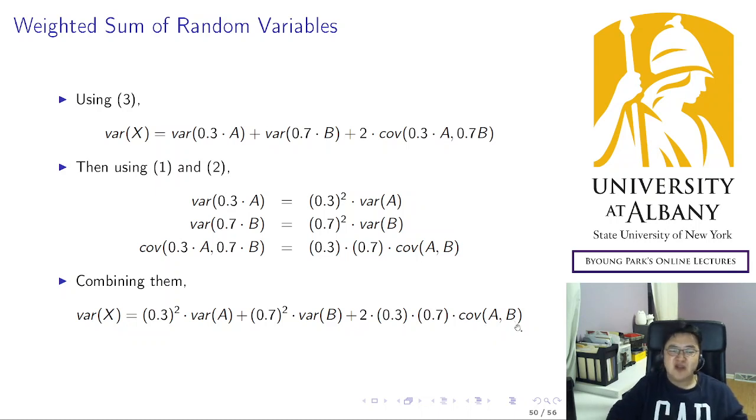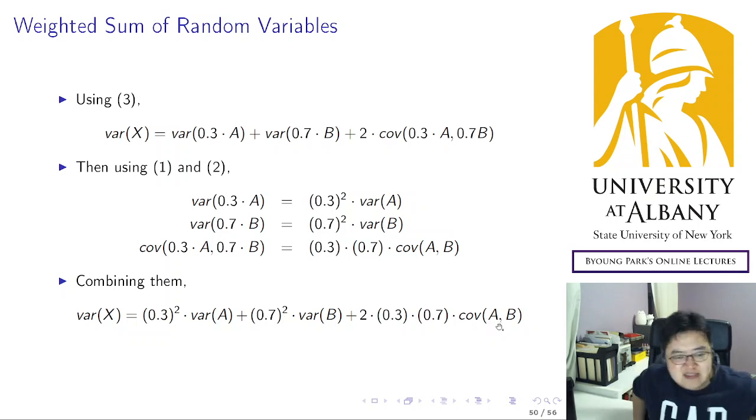It looks quite complicated, but in each step, nothing is so special. Just remember, variance is a kind of square, and the cross product has the same structure as covariance. Variance corresponds to square, covariance corresponds to cross product.